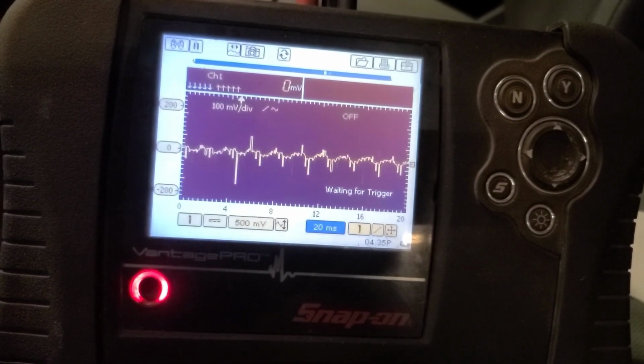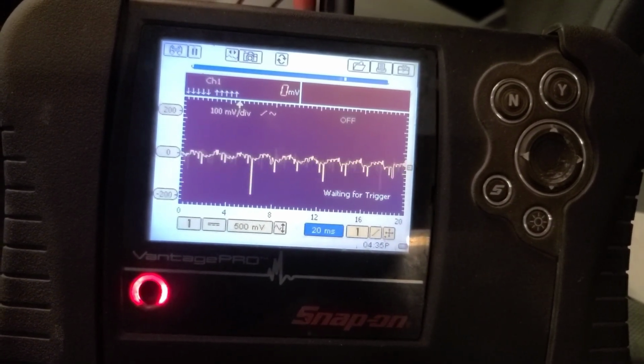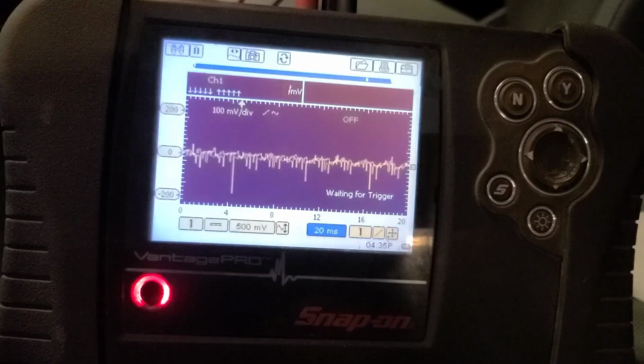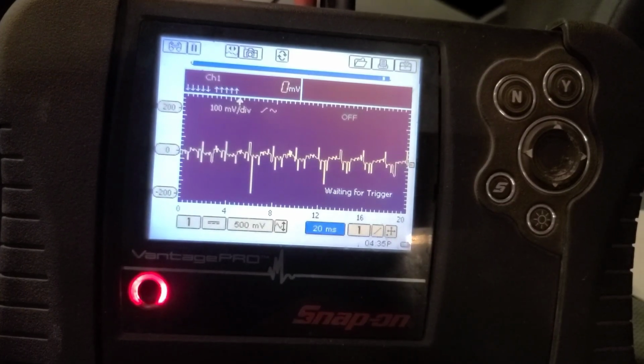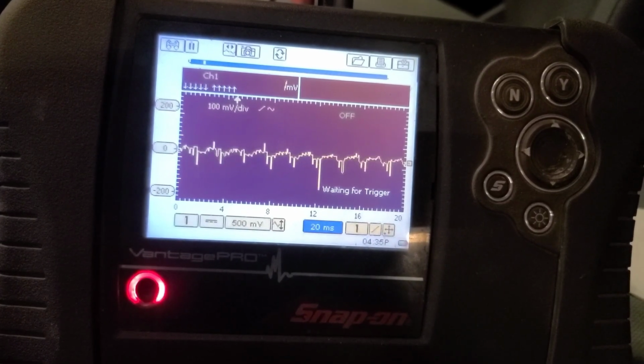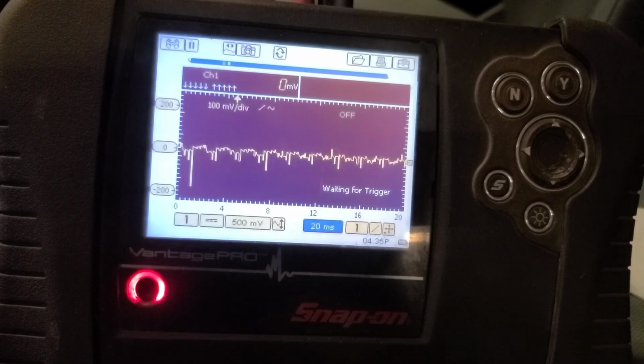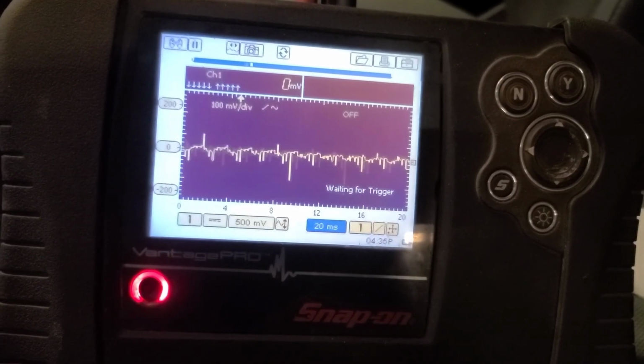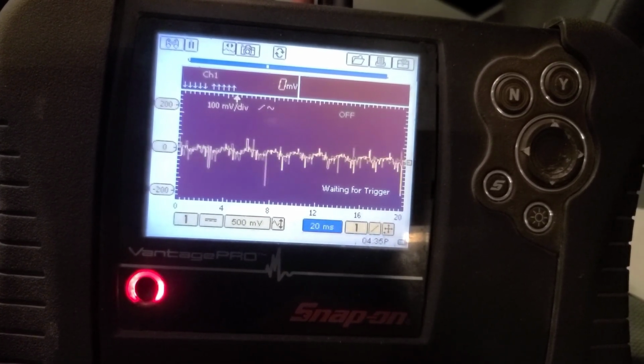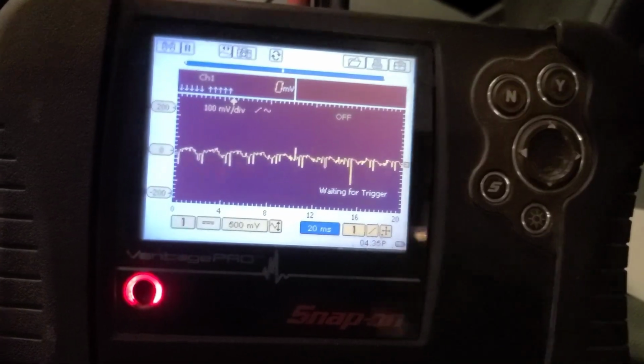Now it's obviously not ignition now because it's not running. So that Hall effect sensor is failing inside there as far as I can tell. At least I would think so, because it's not charging, it's not running, it should be flatlined.